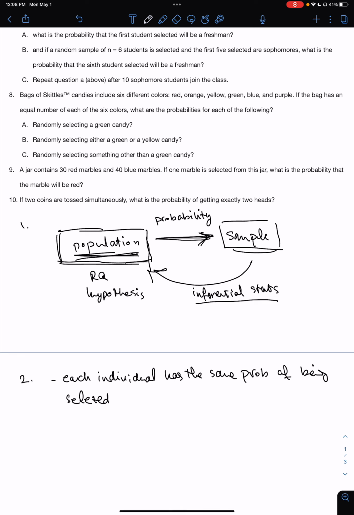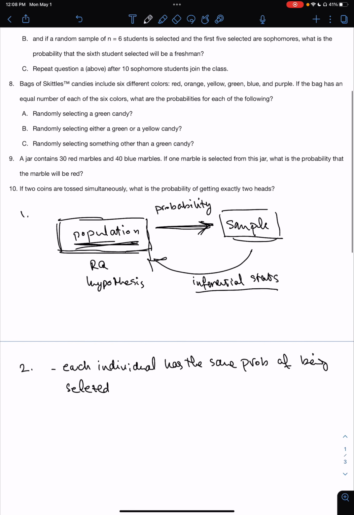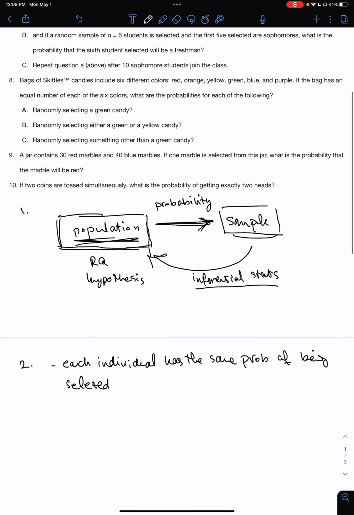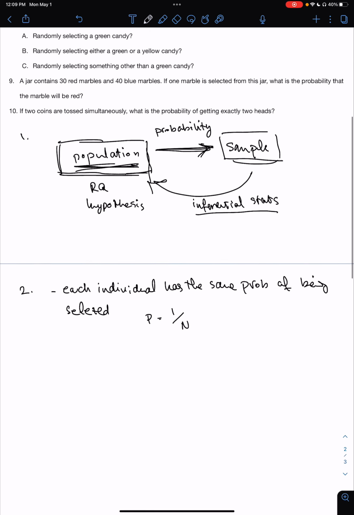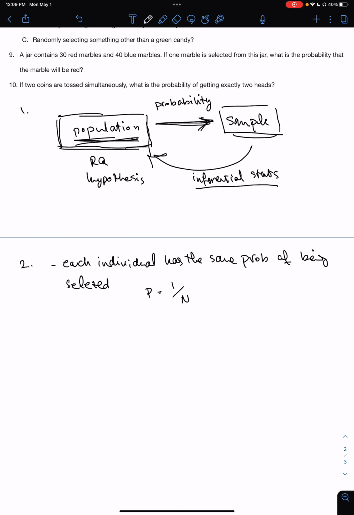So each individual will have P equal to 1 over n, where n is the size of the population. It means that everyone has the same 1 over n probability of being selected.